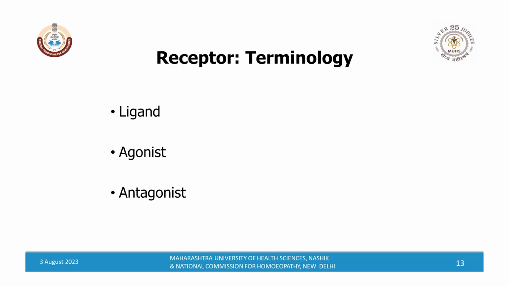In short, an antagonist prevents the action of an agonist on a receptor, but on its own, antagonists have no effect in the body. Remember that both agonist and antagonist are ligands, that is, they bind to the receptors. Thus, a drug acting via receptor could be an agonist or an antagonist.